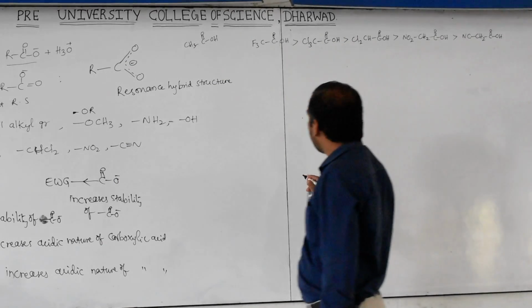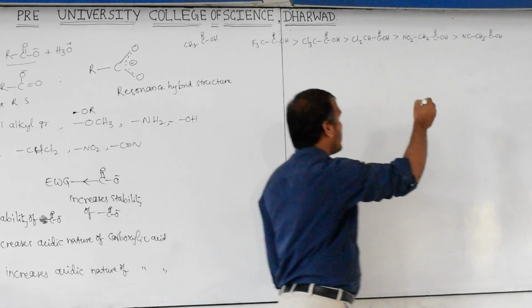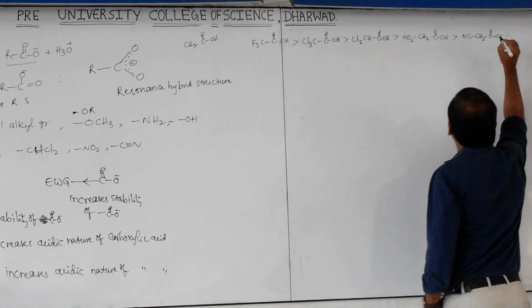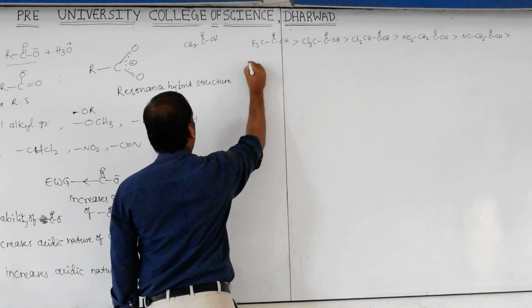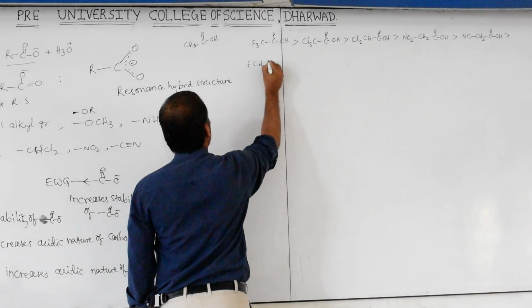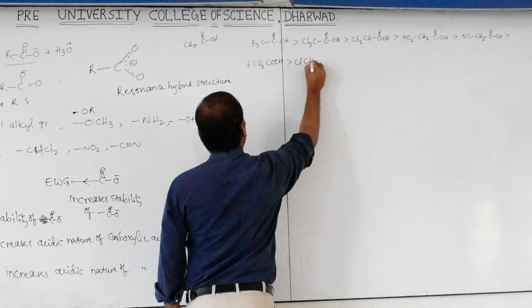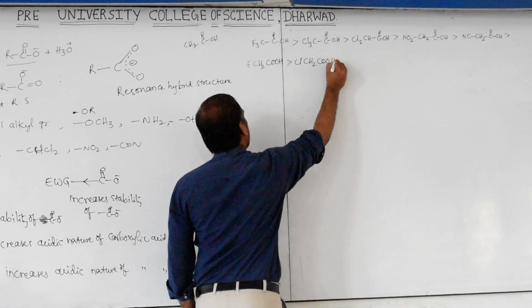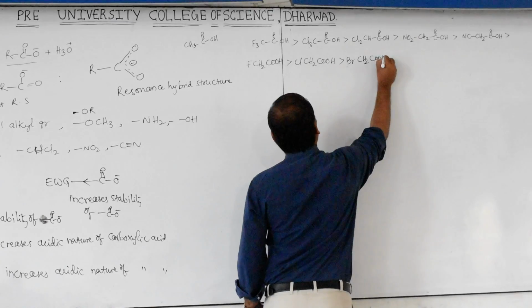Similarly, next, as a continuation, I have here FCH2COOH. Next is ClCH2COOH. Next BrCH2COOH.